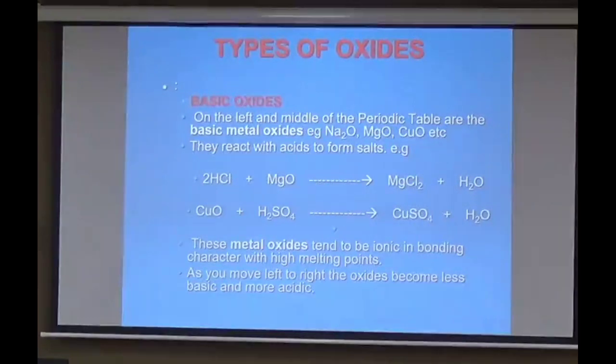These are basic oxides as they are metallic oxides, and we know metallic oxides generally are basic in nature. So when they are basic in nature, they are bases. When they react with acids, what will they form? Definitely salt and water. So this property of basic oxides is very well indicated by this reaction, that these oxides react with acid to form salt and water. So definitely these oxides are basic in nature.